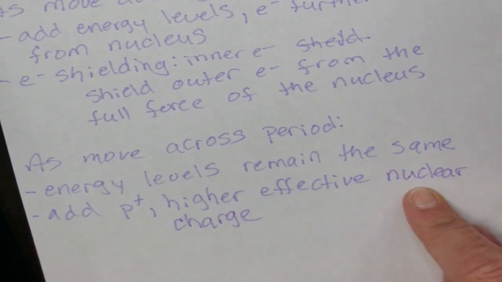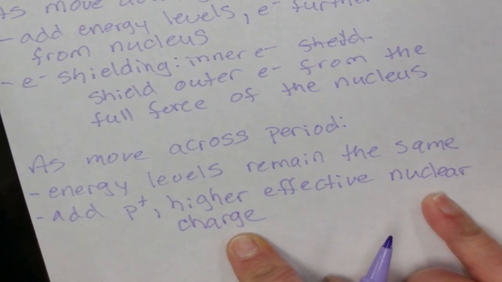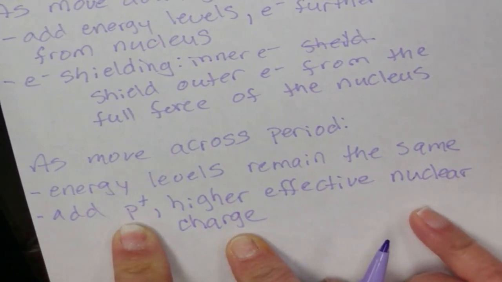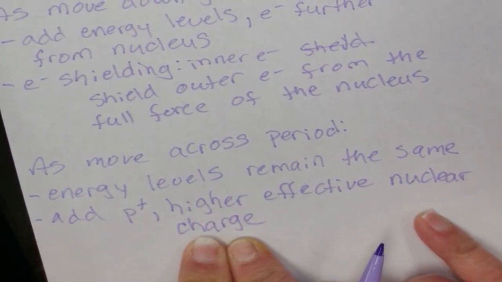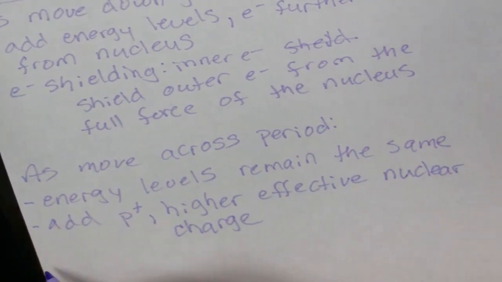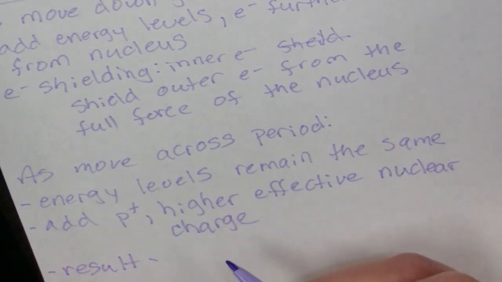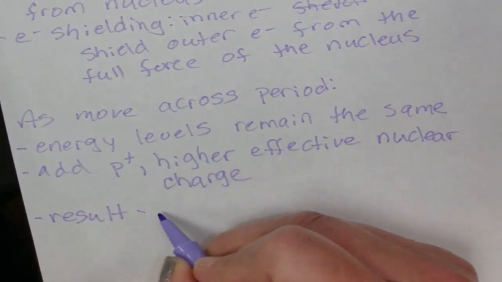Nuclear, that's the nucleus. The charge of the nucleus. What is the charge of the nucleus? Positive. Why? Because of the protons, which are positively charged. The more positives, the higher the charge of the nucleus, the higher the effective nuclear charge. What is the result? The result is going to be a stronger attraction between the nucleus and electrons.